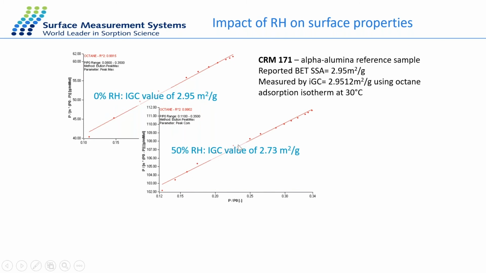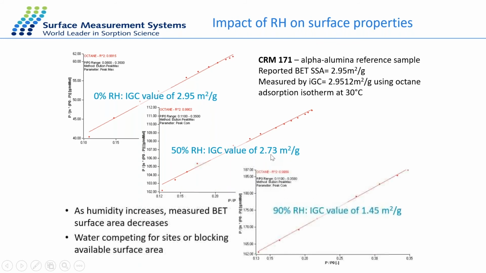If we apply 50% relative humidity in the carrier, you can see that the surface area is now a little bit smaller. Using 90% relative humidity, the surface area is half of the original, dry conditioned surface area.